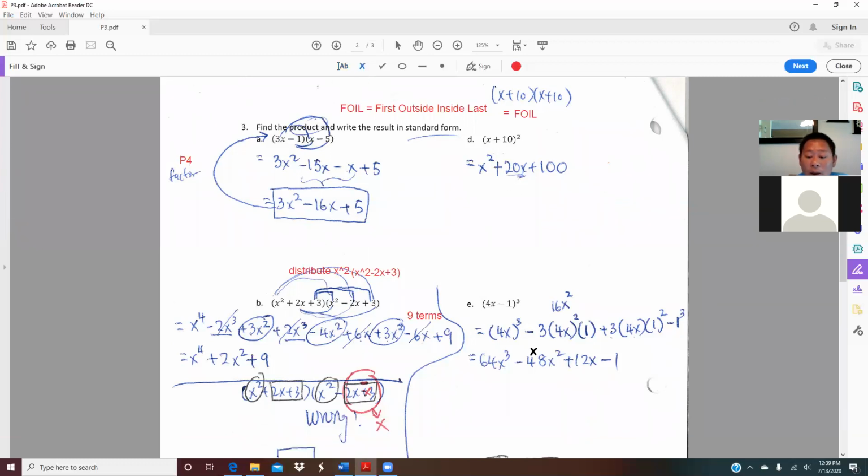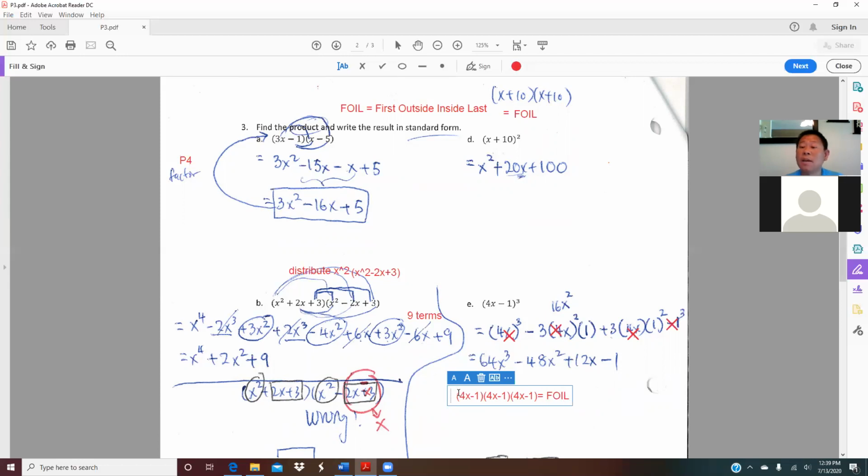This is the one I would not recommend because this is the formula. So what I recommend you to do for question E here is to multiply this 3 times. So 4x minus 1 times 4x minus 1 times 4x minus 1. So you just need to FOIL this 3 times. Oh, actually 2 times. You guys with me here?